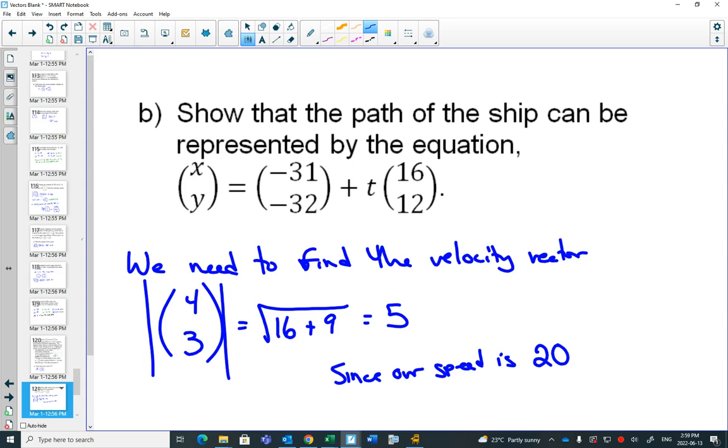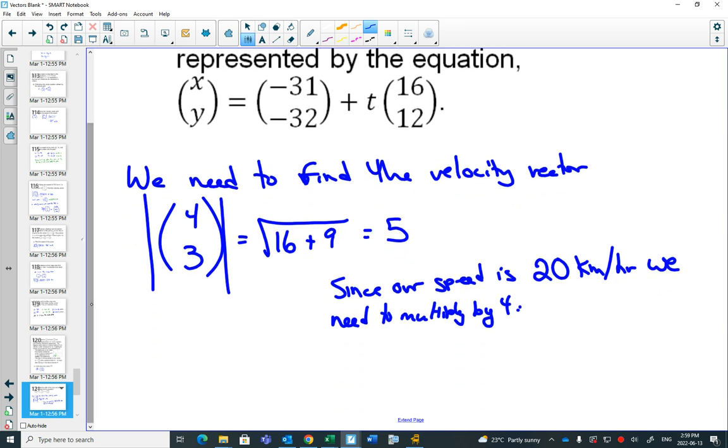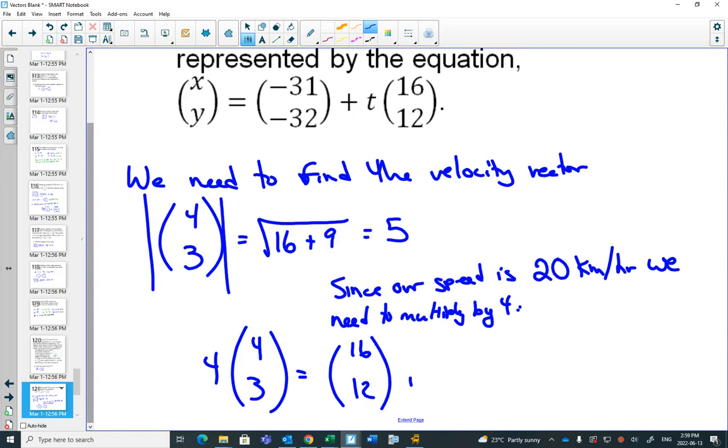Since our speed is 20 kilometers per hour, we would need to multiply by 4. So if you take 4, 3 and multiply by 4, you get 16, 12 as your velocity vector.